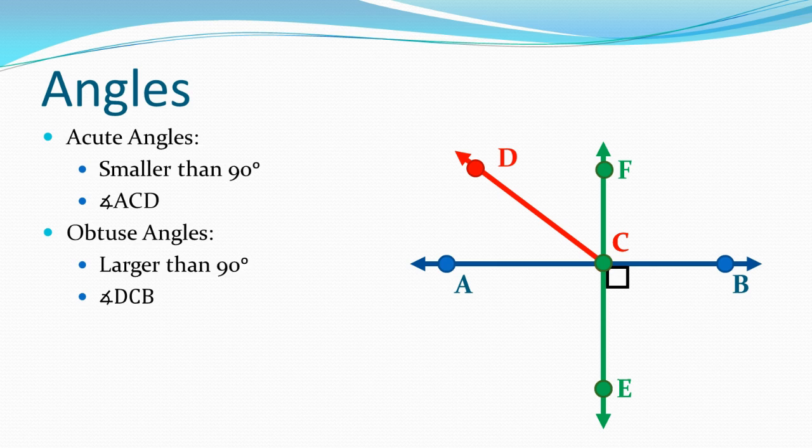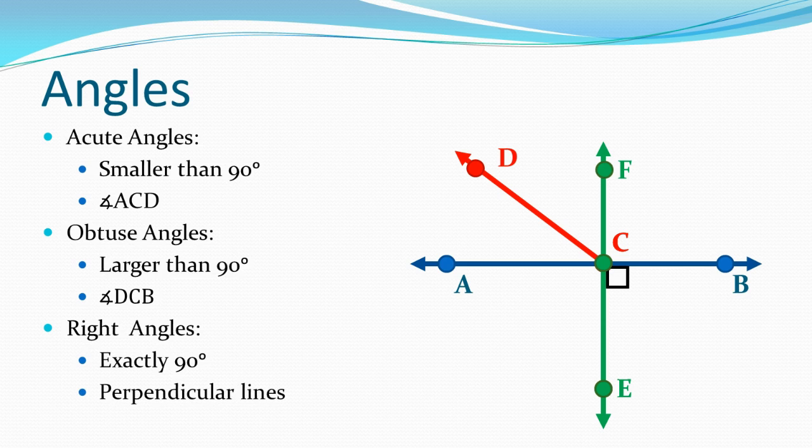We also have another very specific angle, and we talked about this earlier. This is a right angle. This is exactly 90 degrees. This is the angle created by two perpendicular lines. So angle ACE is an example of a 90-degree right angle.